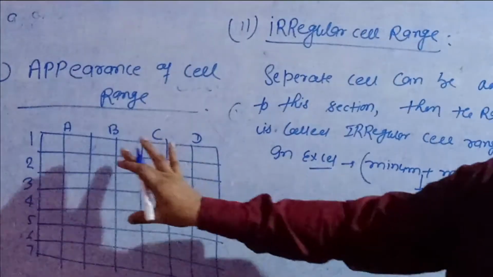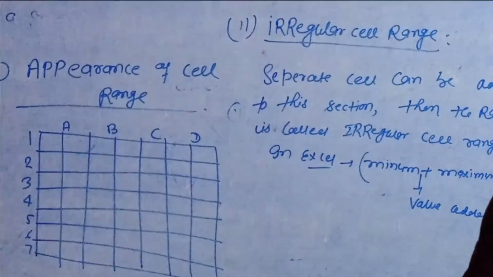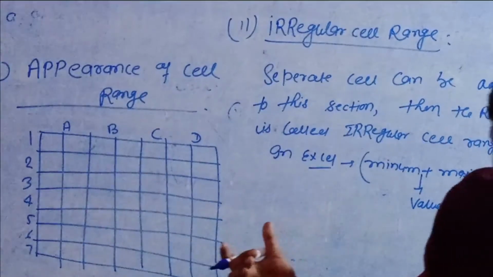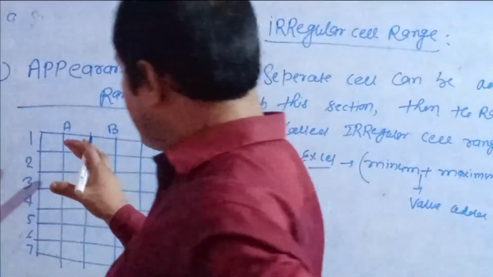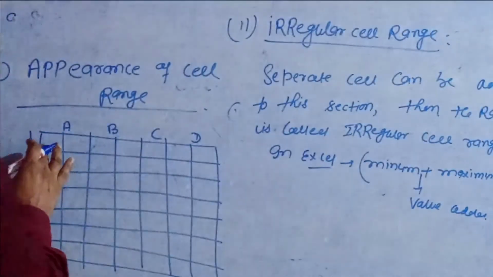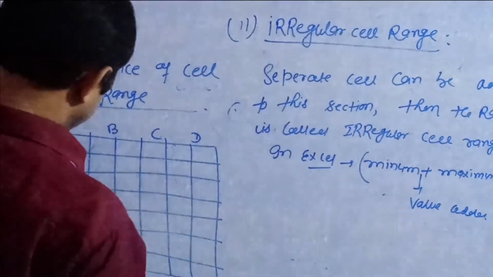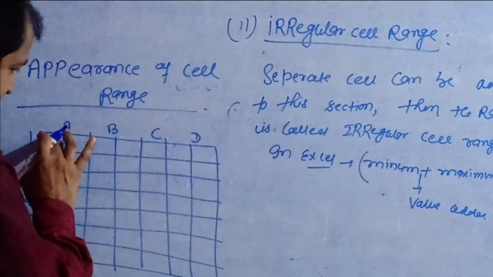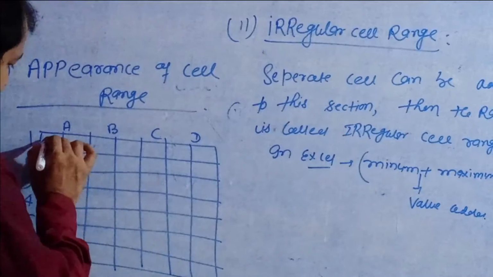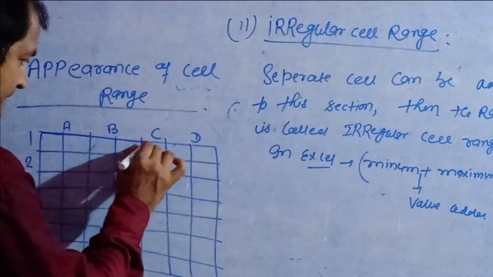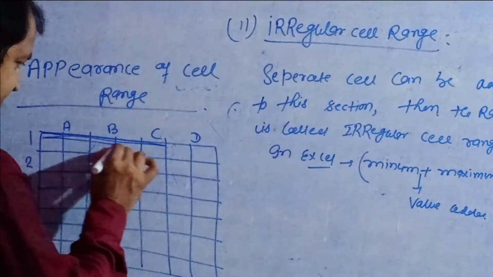Suppose this range is selected, A1 to C5. A1 to C5 is the selected part.